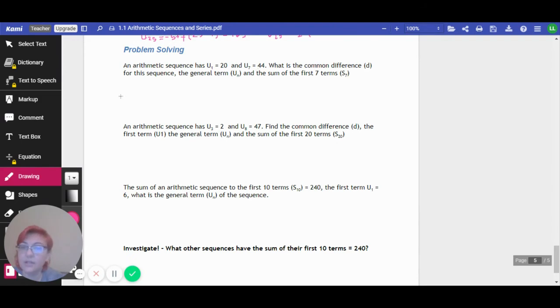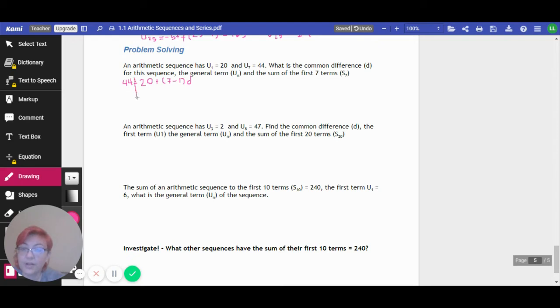When n is 7, Un is 44. And that equals 20, which is the first term, plus n, which we know is 7, minus 1 times the common difference.